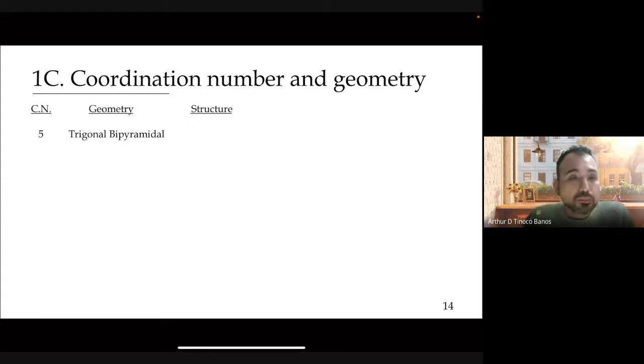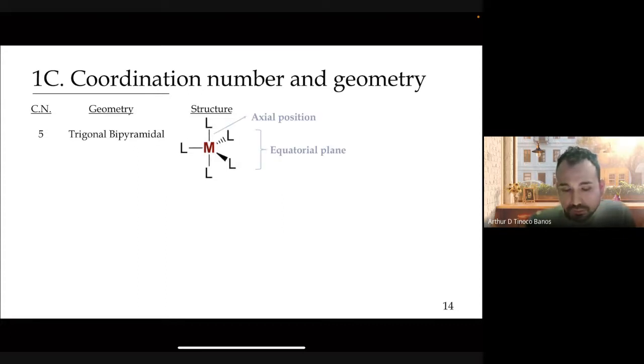One is trigonal bipyramidal, and let's have a representation of what is trigonal bipyramidal. Okay, again, we need to look at this as something that is three-dimensional, where we have two different positions for how the ligands are interacting with the metal center. So here we have one position that is referred to as the axial position.